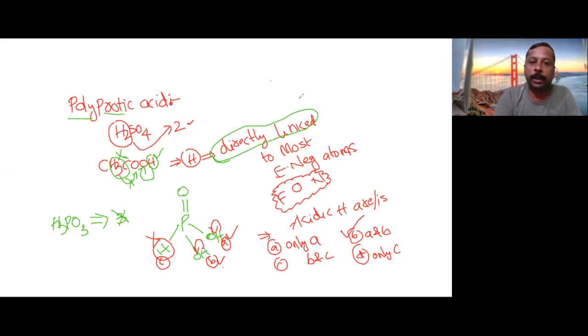Now, can you call this H3PO3 a polyprotic acid or not? Yes, because two hydrogens are acidic hydrogens. Whenever the number of acidic hydrogens, that is H plus, is greater than 1, such an acid will be called a polyprotic acid. Is that clear to all of you?